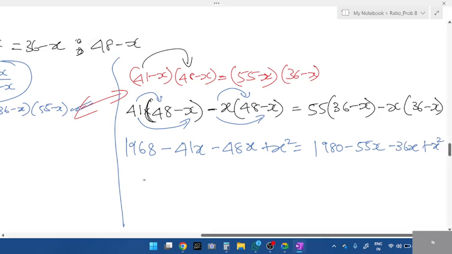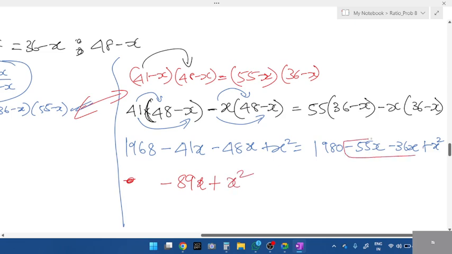All the alphabets. We have minus. Okay, before that, what is minus 41 minus 48? Yes, minus 89 plus. Then try to shift even this.